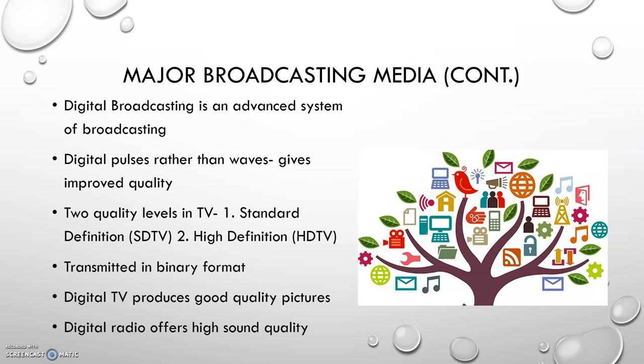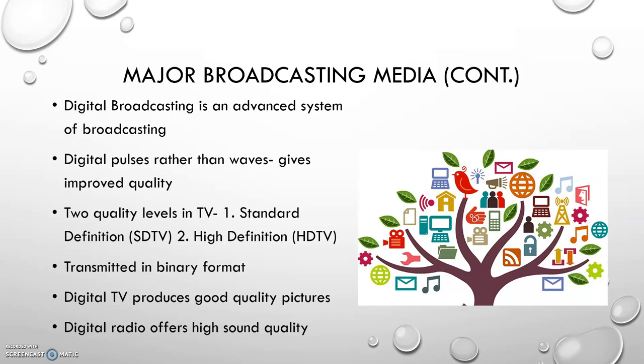By definition, digital broadcasting is an advanced system of broadcasting radio or television in digital pulses rather than waves, which gives improved quality and more channels of content. There are currently two quality levels in television.